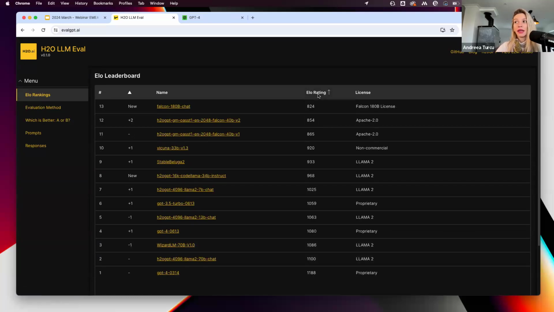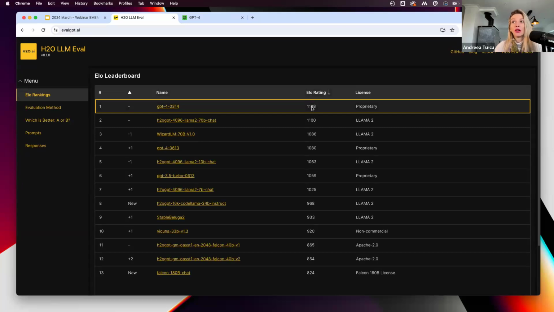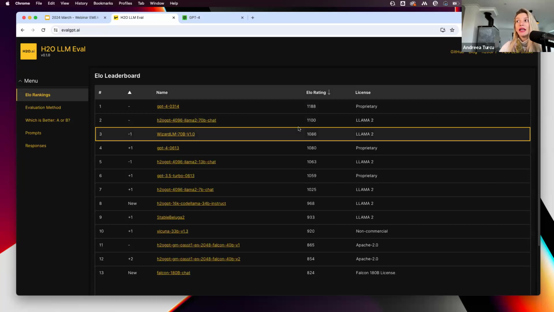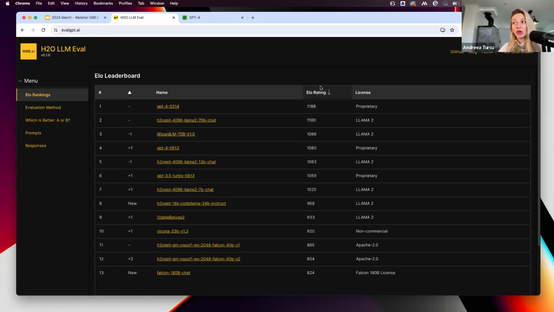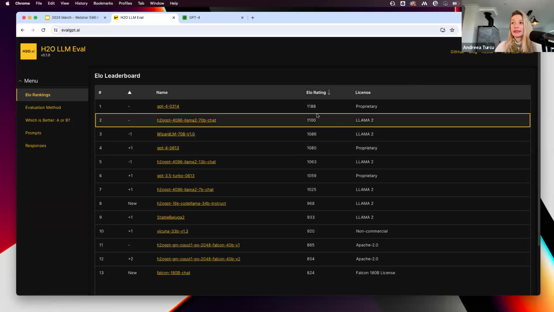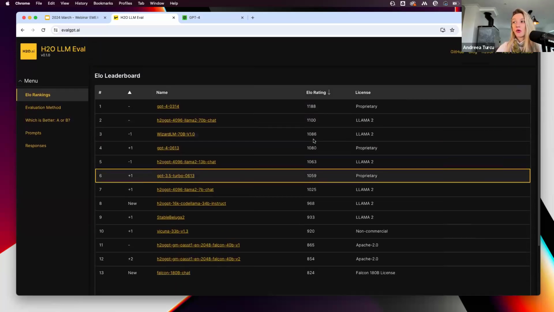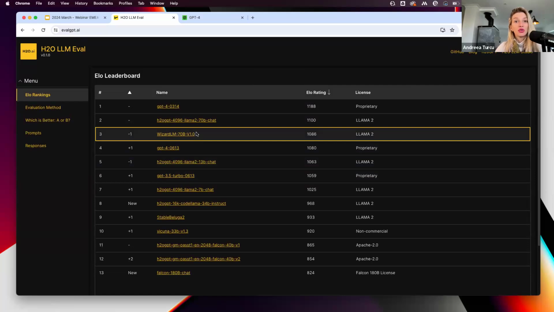And here I am able to filter the table based on the ELO rating, for example, and I see that the GPT-40314 is the best model that we currently have, which is proprietary. We can see some other models coming from Llama 2 in the next 2 positions, so on and so forth. So it's super interesting to see already which models are the best performers based on this ELO rating methodology.